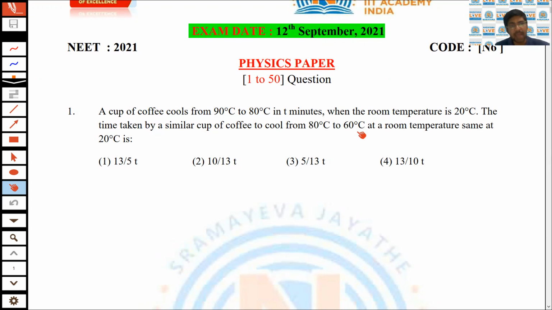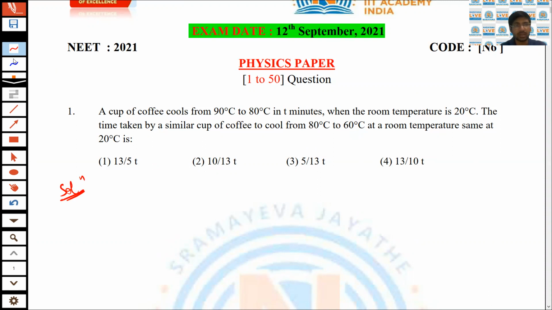The time taken by a similar cup of coffee to cool from 80 to 60 degrees centigrade, in the same room temperature of 20 degrees centigrade, is asked. What is required over here is Newton's law of cooling.